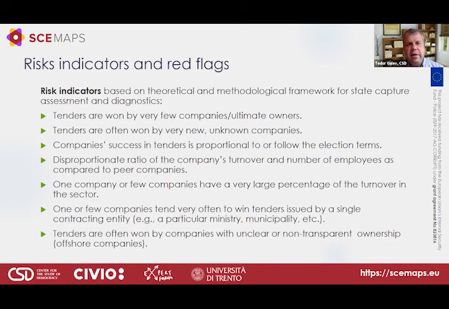The risk indicators, some of them that I already showed you in the profiling section, are based on a theoretical and methodological framework for state capture assessment, and actually they look exactly at the state capture process, not so much at corruption as a single act.